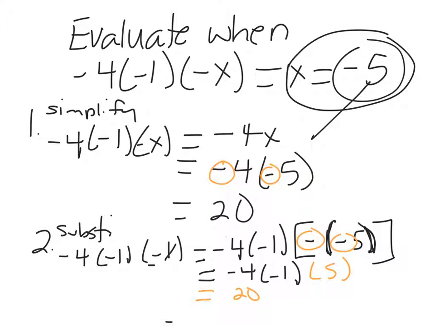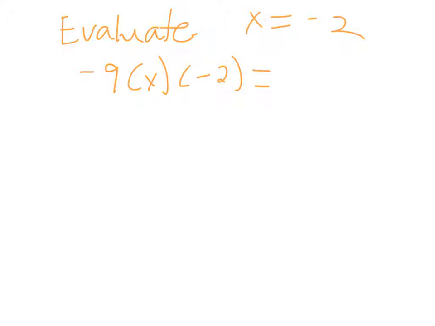Okay. So let's look at it for a sec. We want to evaluate the expression when x equals negative 2. So in our first example we have negative 9 times x times negative 2, and we know that we're going to end up with 18x. We have two negative factors, so that's a positive.